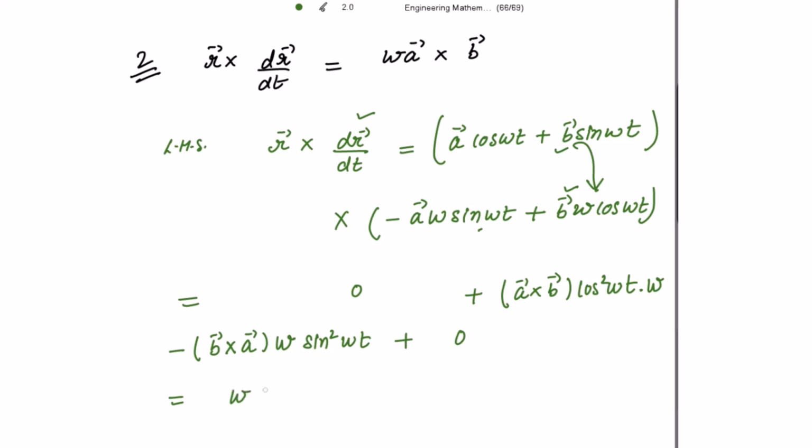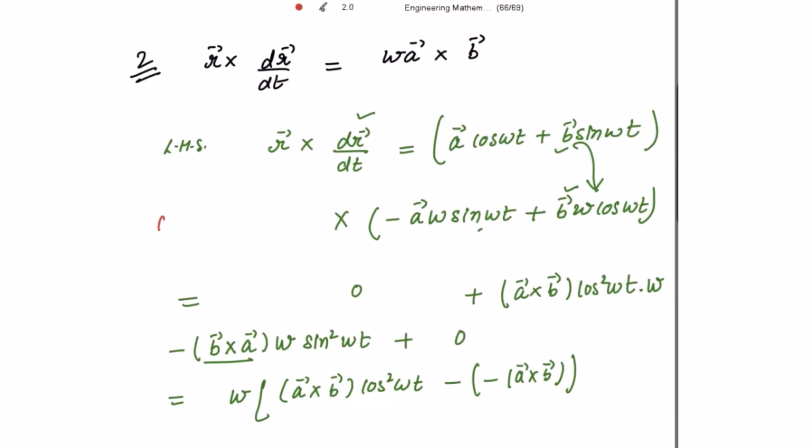if I take w outside, it is a vector cross product with b vector cos square wt minus, how do I write b vector cross product with a vector as negative of a vector cross product with b vector. A cross b is negative of b cross a.